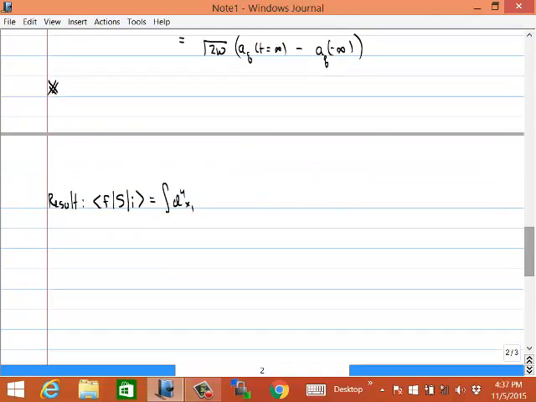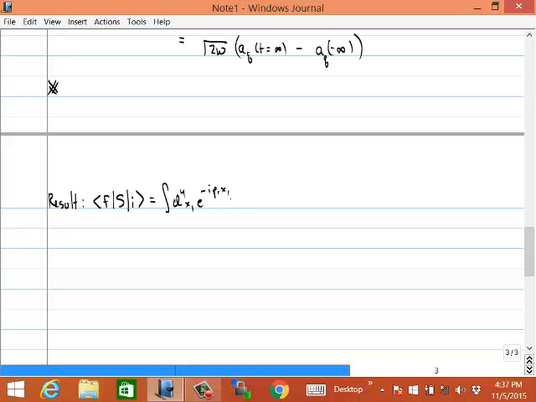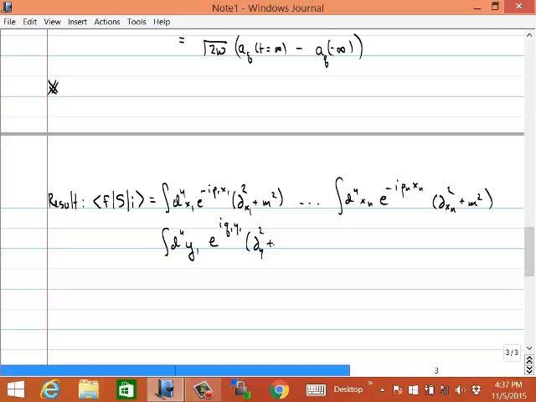So you get an integral d4 x1 times e to the minus i p1 x1, because we took the Hermitian conjugate of that differential operator, and you get one differential operator for each one of our incoming particles. And you also get one of these differential operators, so I'll call their locations y, for each one of the outgoing particles.